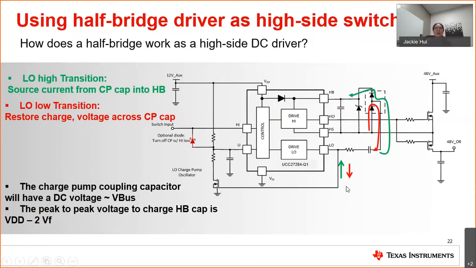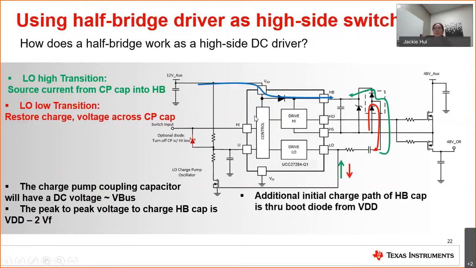So the charge pump cap has a DC voltage pretty similar to the V bus, and its peak to peak voltage is between V bus and VDD minus 2 diode drops. Because the LO has a self-oscillating signal, this creates the action to periodically refresh the boot cap and also restore charge for its next cycle to refresh.